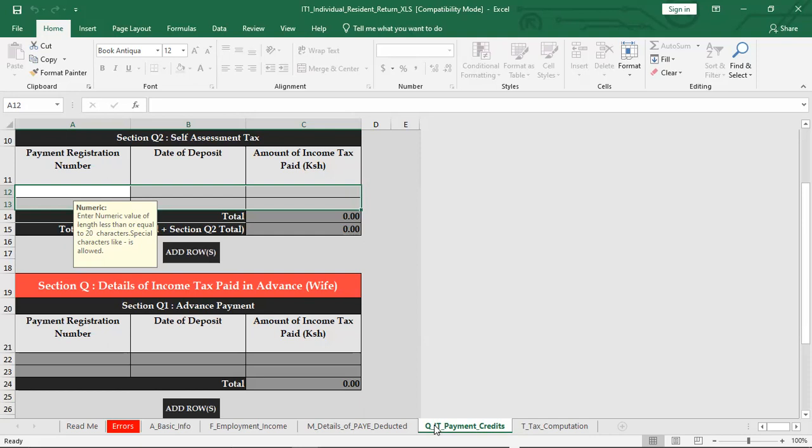Tuko pamoja hapo? Charles, wait. You're saying that if I have a business apart from the employment, and I've been paying taxes on that business, my taxes ultimately become less? Exactly.